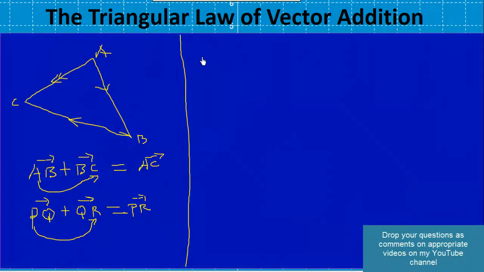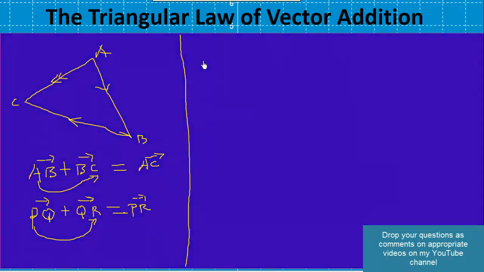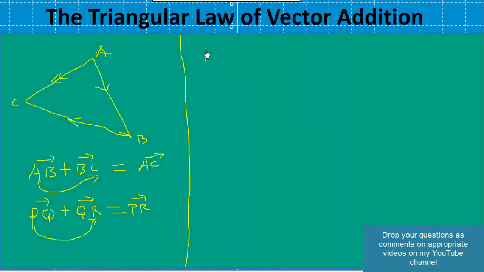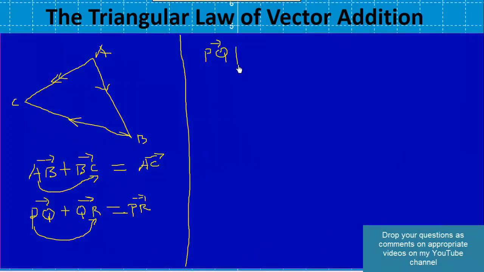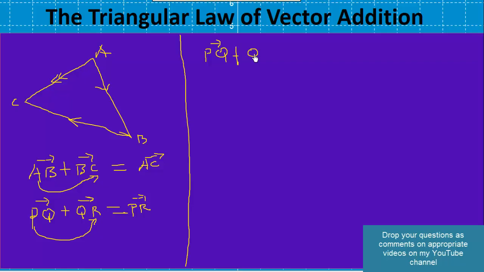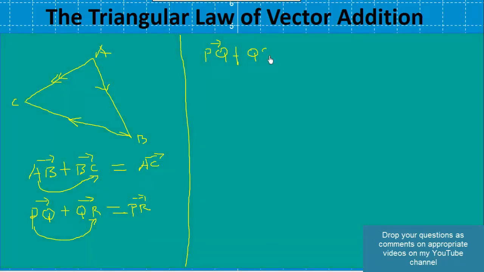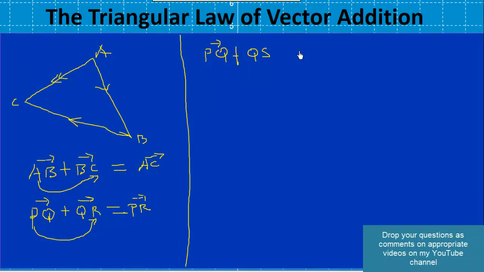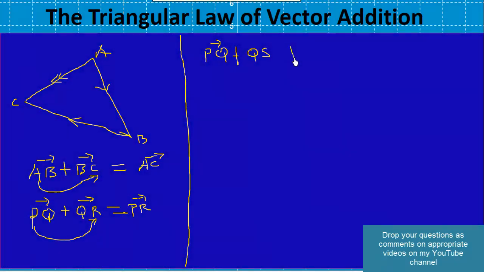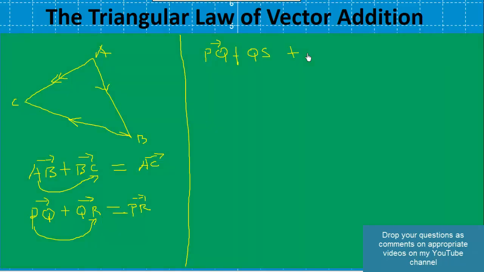For instance, if you have vector PQ plus vector QS, then plus vector SR.